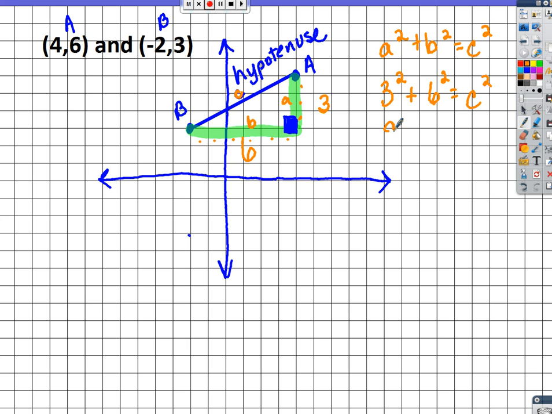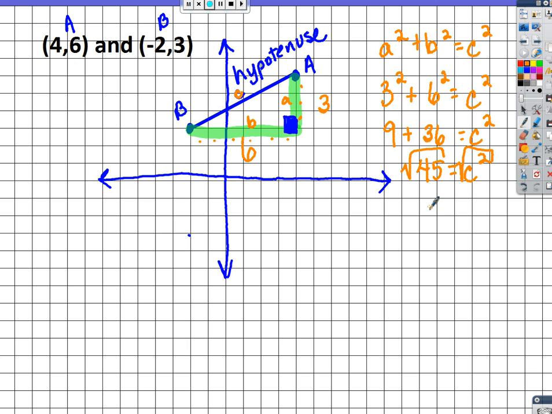So 3 squared is 9. 6 squared is 36. And 9 plus 36 gives me 45, which is C squared. To find the length of the side, I'm going to take the square root, because the opposite of a square is a square root.